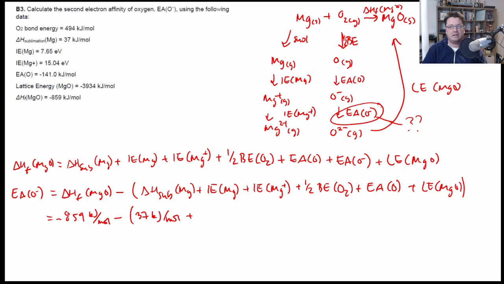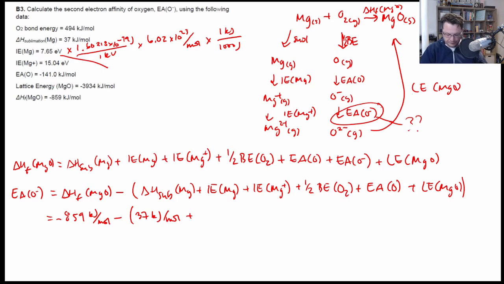Both of those are given in electron volts, so to convert, we multiply by the conversion amount. Let me look at the previous packet again: 1.60218 times 10 to the negative 19 joules per eV, times 6.02 times 10 to the 23rd gives us per mole, and then 1 kilojoule is 1,000 joules.